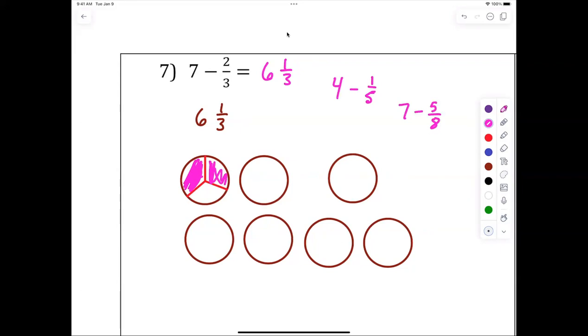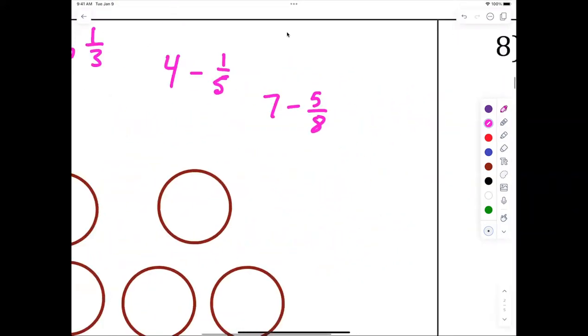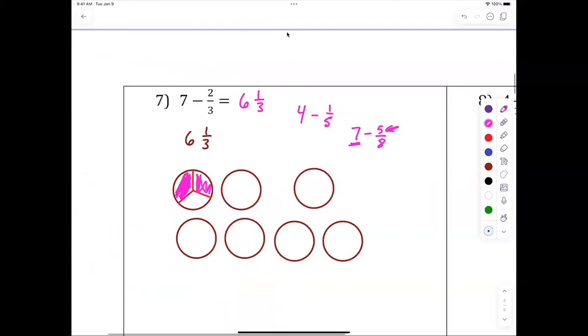Is anybody having trouble with that? I'm giving you every chance right now to learn to communicate. Well, how many pizzas do you have, and you ate 5 slices out of 1 pizza. So how many's left? I'm going to count this 1, 2, 3, 4, 5, 6, 7. This time there's 8 slices.